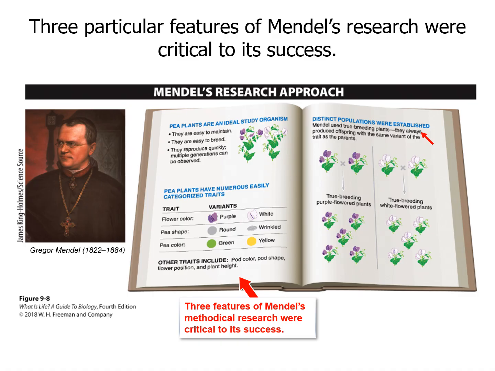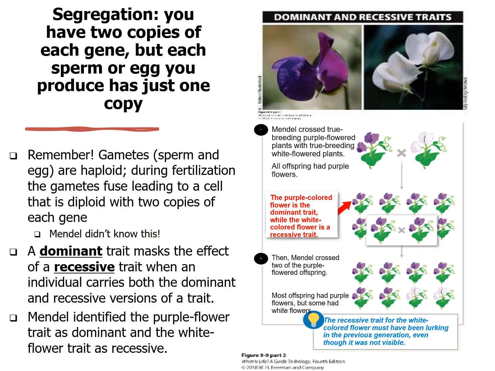So then he started getting a little bit curious what would happen if he bred a true breeding purple flowering plant with a true breeding white flowering plant. So what he discovered in breeding these two plants together is that all of the offspring ended up purple.